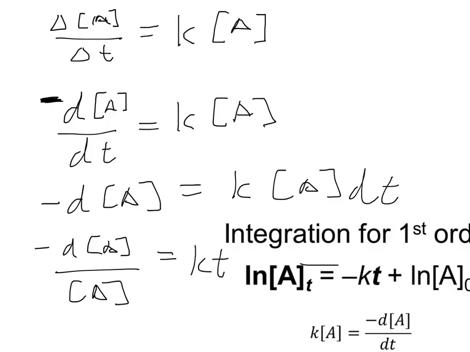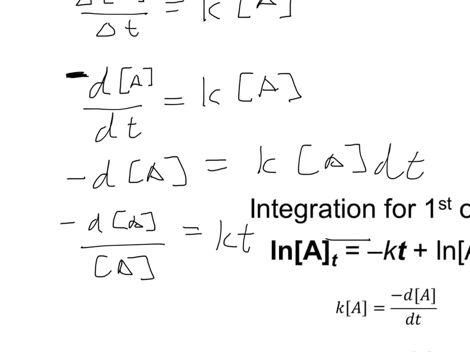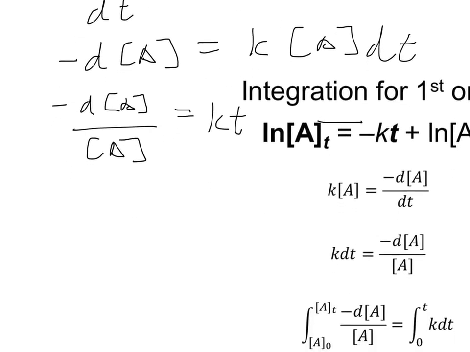Then all we need to do is now integrate this equation that we just rearranged. On this side, we integrate from an initial concentration to a concentration at a time t. And our time, we integrate, and I dropped a d over here, didn't I? dt. And over here, for our time, we want to go from a time of 0 to a time t.